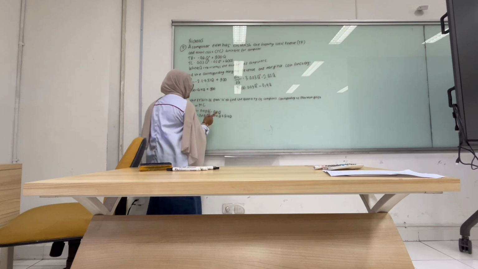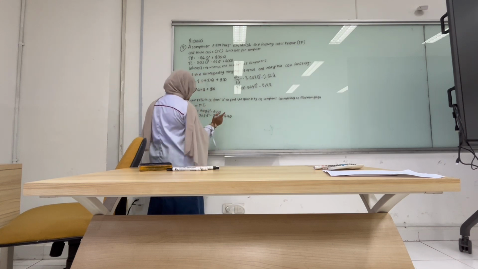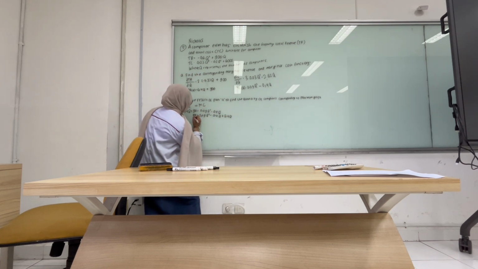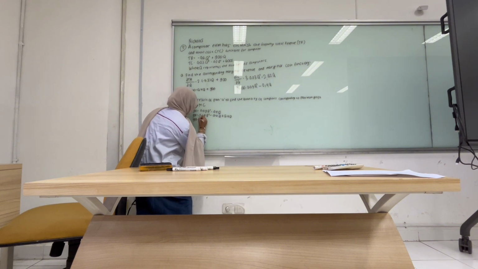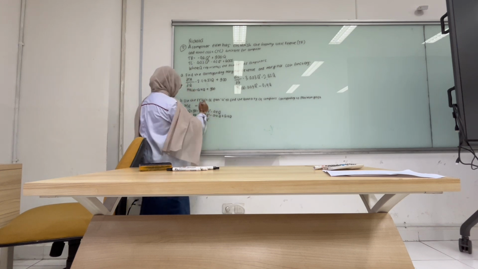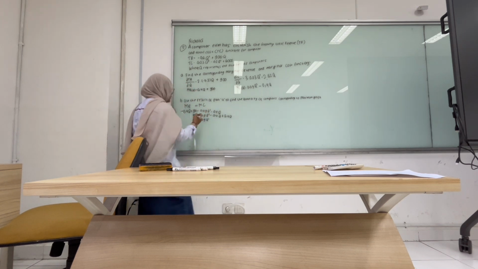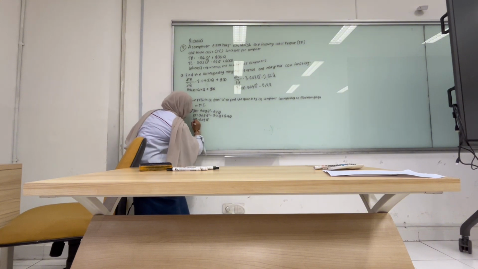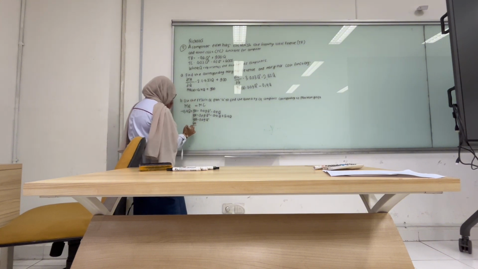Because minus means plus, so it will be 0. So in here it will be 900 equals 0.09Q squared. Now we can move the 0.09 to here.